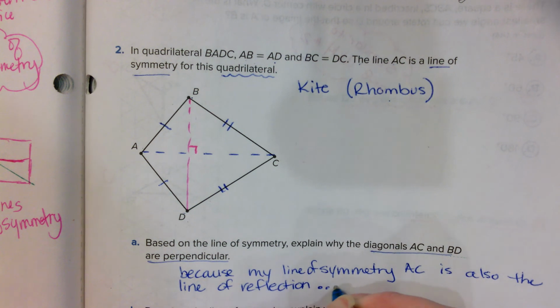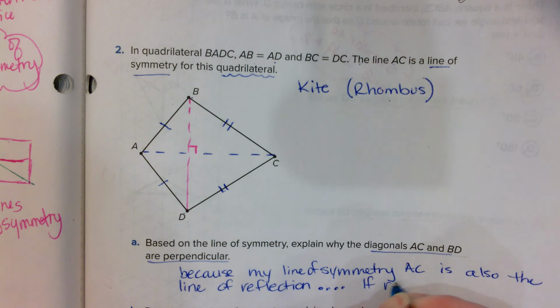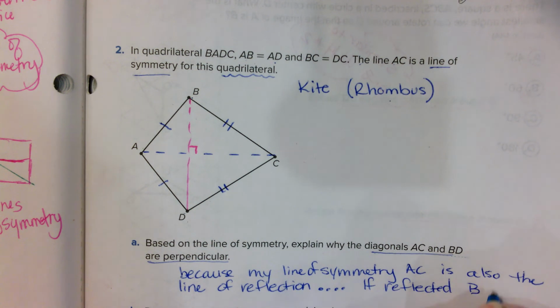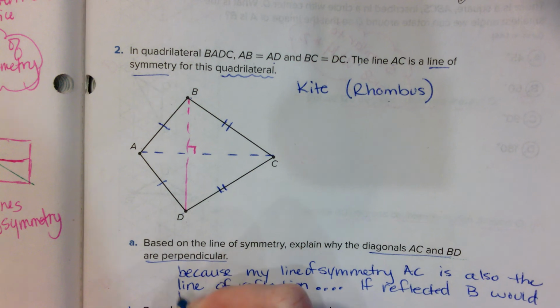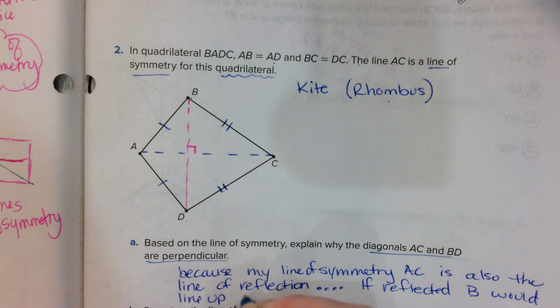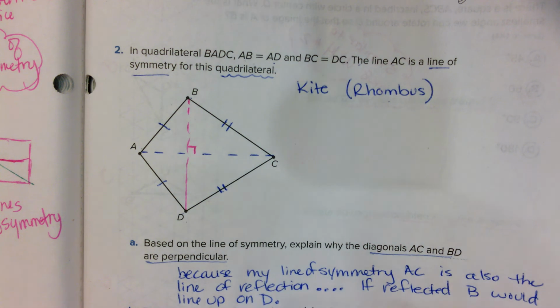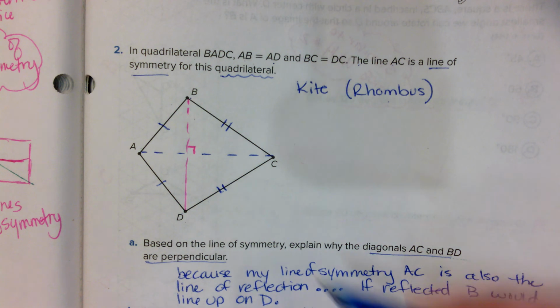So I know if reflected, B would line up on D. They're equal distance apart. So that would mean that my pink line has to be perpendicular to my line of reflection.